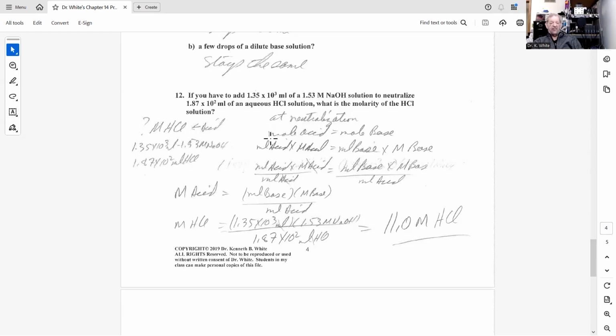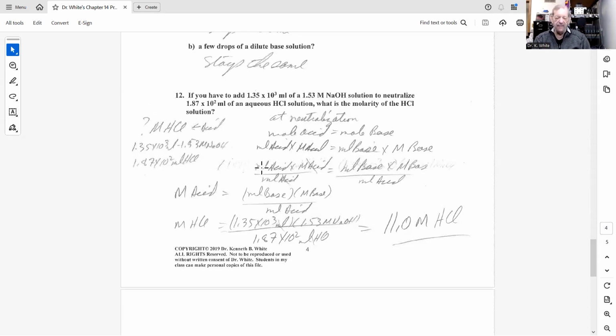At neutralization, moles of acid equal moles of base. And as I developed for you for a monoacidic and basic acid, milliliters of acid times molarity of acid equals milliliters of base times molarity of base. Now, we want to solve for molarity of HCl, so we want it alone on one side.